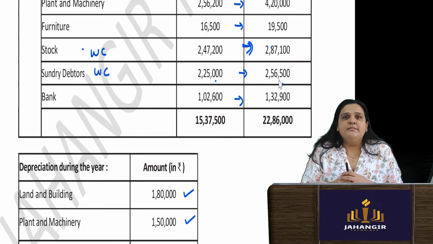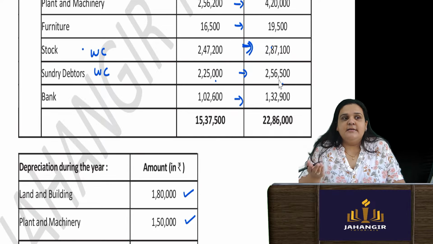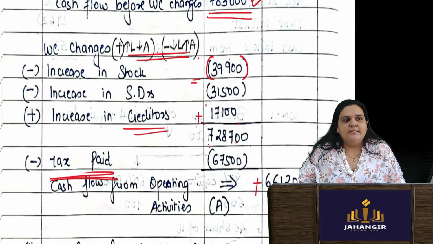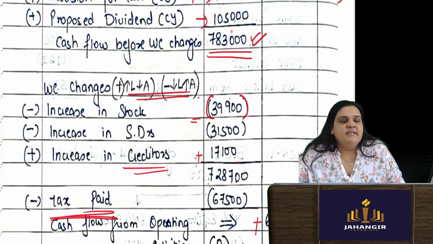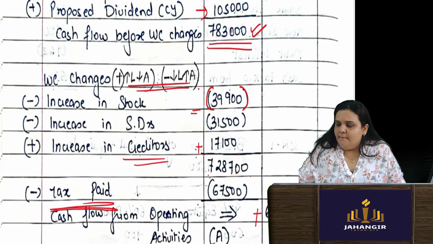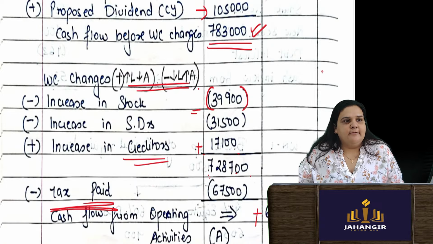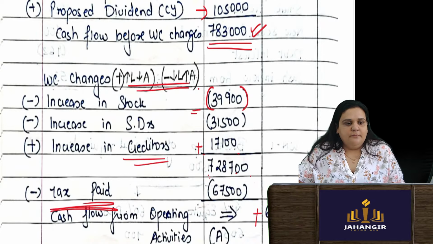That means payment has not been made to me. I have not received that much cash. Debtors are in fact increasing. So I'll again subtract the increase in sundry debtors. So to 7,83,000, add your 17,100, two positive figures added. Okay. Don't make this mistake in the exams.